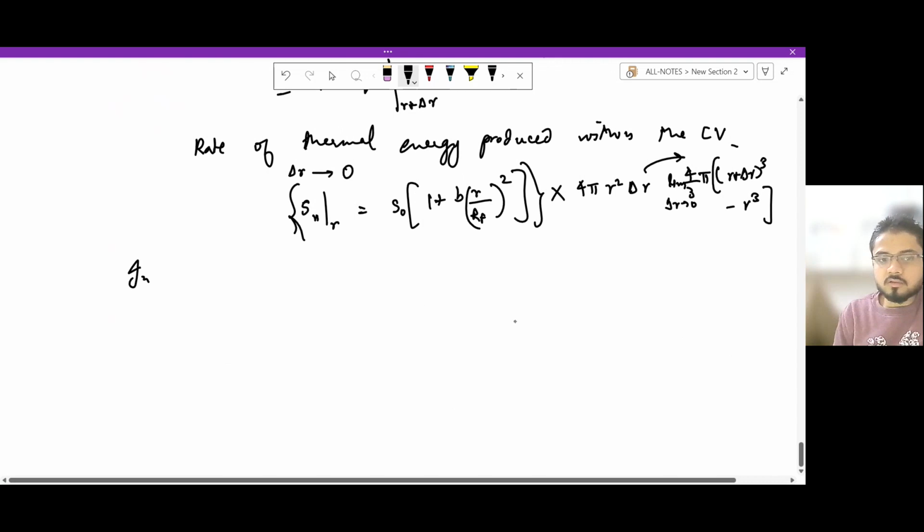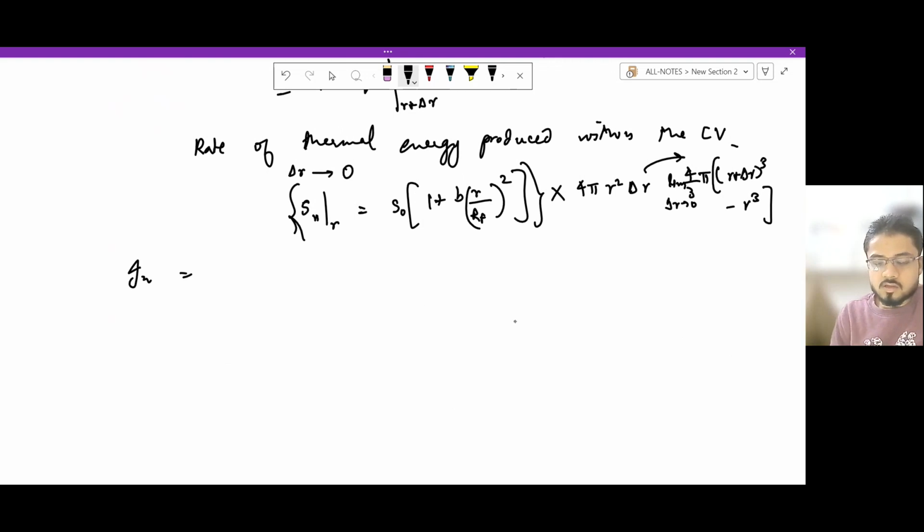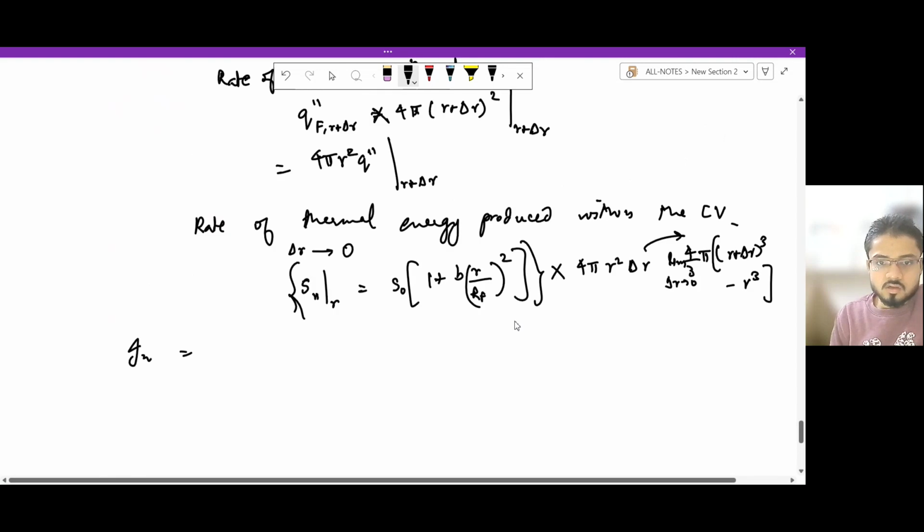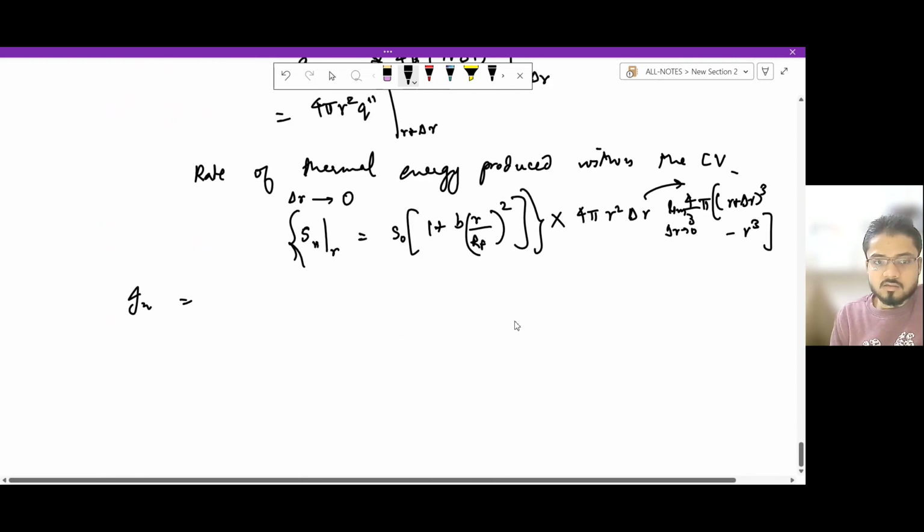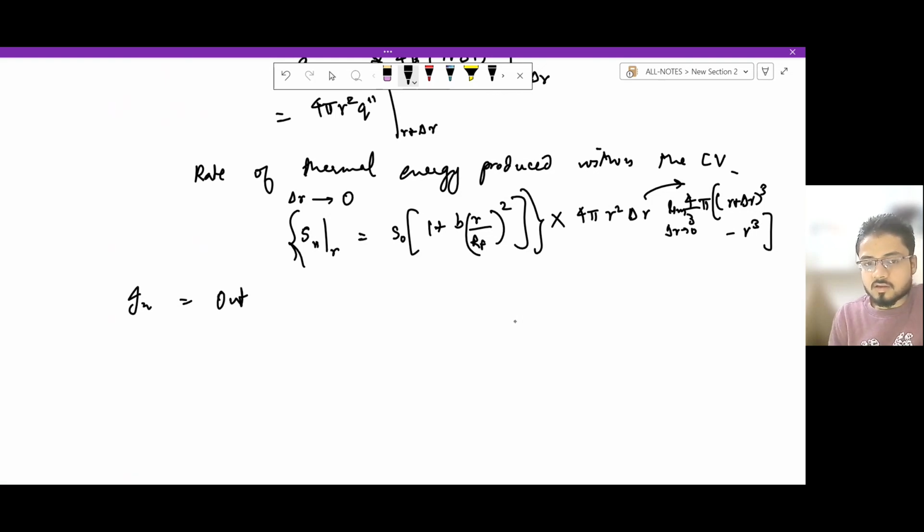So finally, what you could write is that the amount of thermal energy, that is heat, that enters the control volume plus generation would be equal to the amount that exits from the outlet.